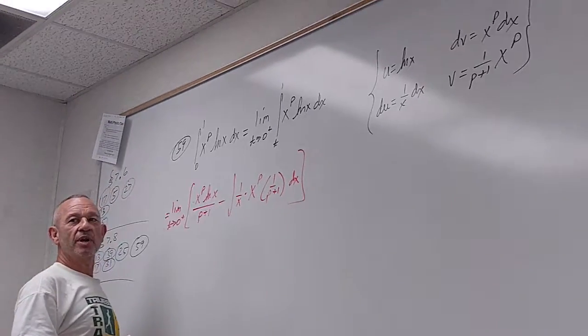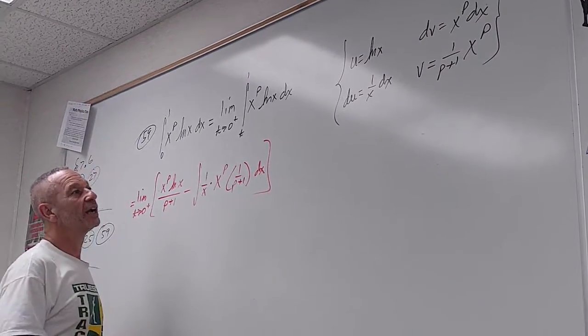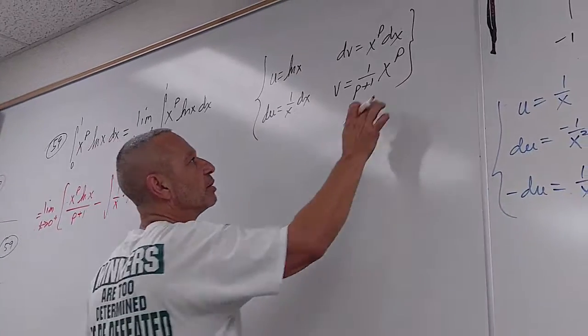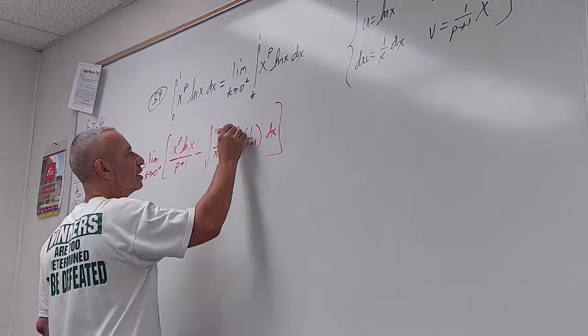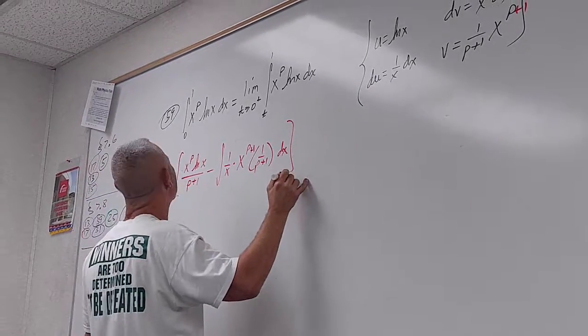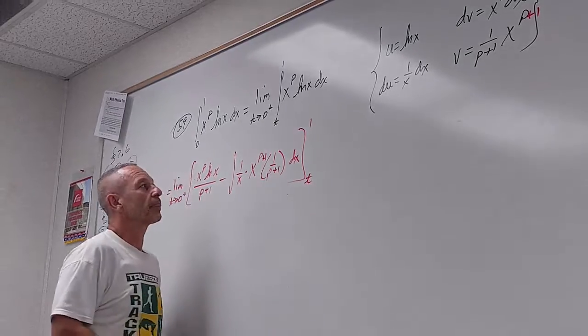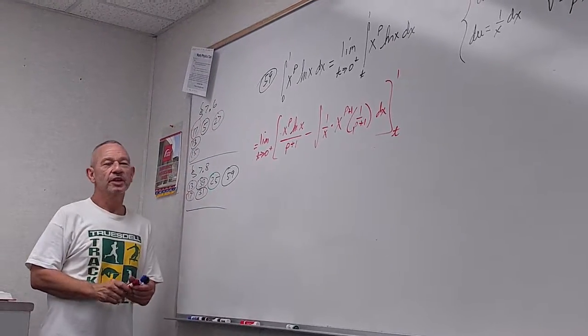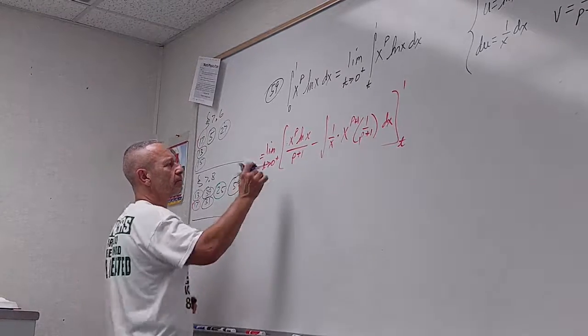Well, can I finish writing this first? Isn't it x to the p plus 1? Oh, thank you. Yeah. Now the limits are t to 1. You have to change the first one to p plus 1. Oh, thank you.